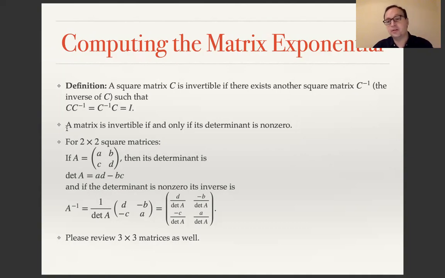And a practical criterion for invertibility is that a matrix is invertible if and only if its determinant is non-zero. So a matrix with non-zero determinant is invertible. A matrix with zero determinant is not invertible.